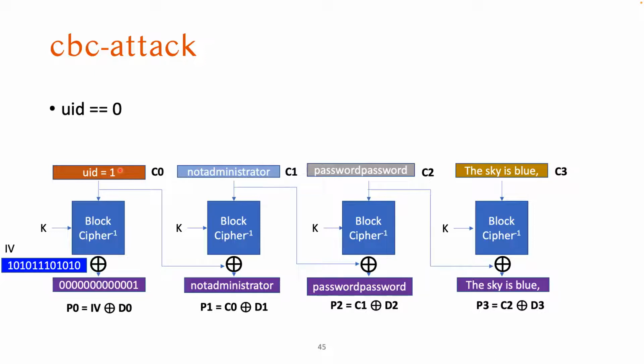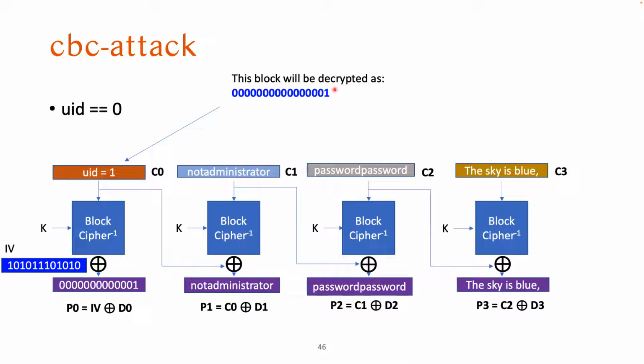How it will be decrypted is that it will first be decrypted by the block cipher, and then we apply XOR with the IV to get the real plaintext. So this block will be decrypted as 0000001.